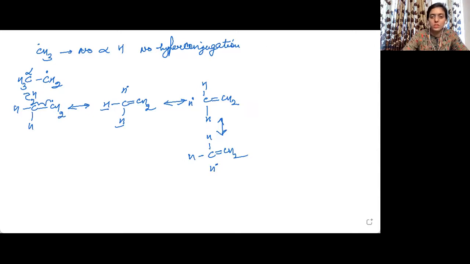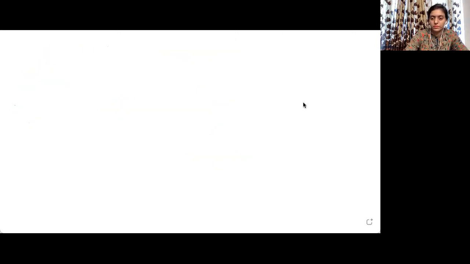Now let us move to the secondary free radical. So in case of secondary free radical, there will be 2 CH3 groups attached to the carbon having the free radical. So there are 6 alpha hydrogens. So we can open up one of the 2 CH3 groups.